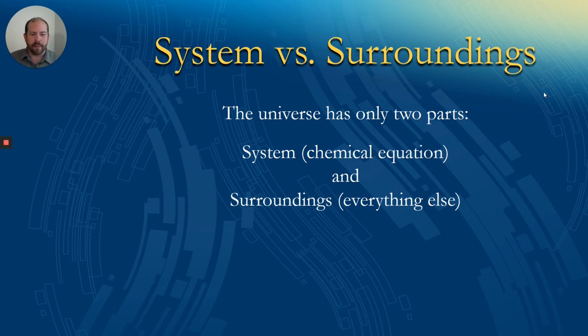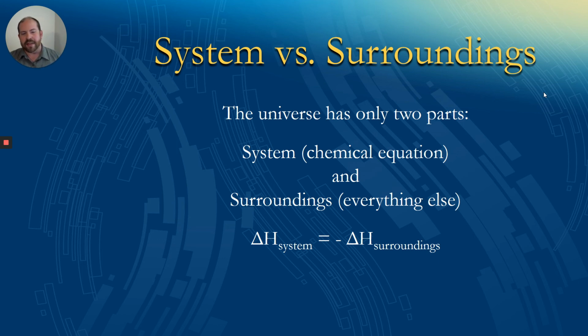Here's why it's really helpful to define it this way. When we talk about enthalpy, when we talk about energy, we know from the first law of thermodynamics that energy is always conserved, that it isn't created or destroyed. So if energy leaves the system, it has to go into the surroundings. And if energy is taken into the system, it has to come out of the surroundings.